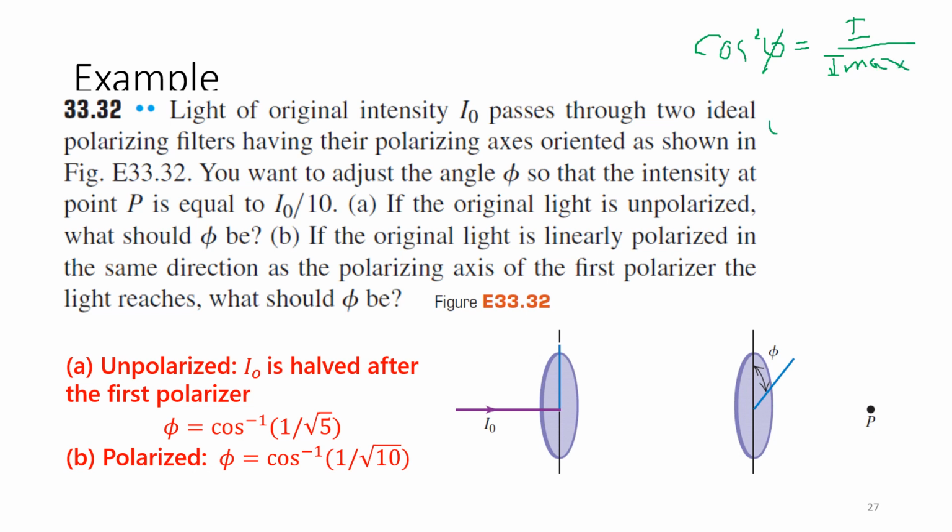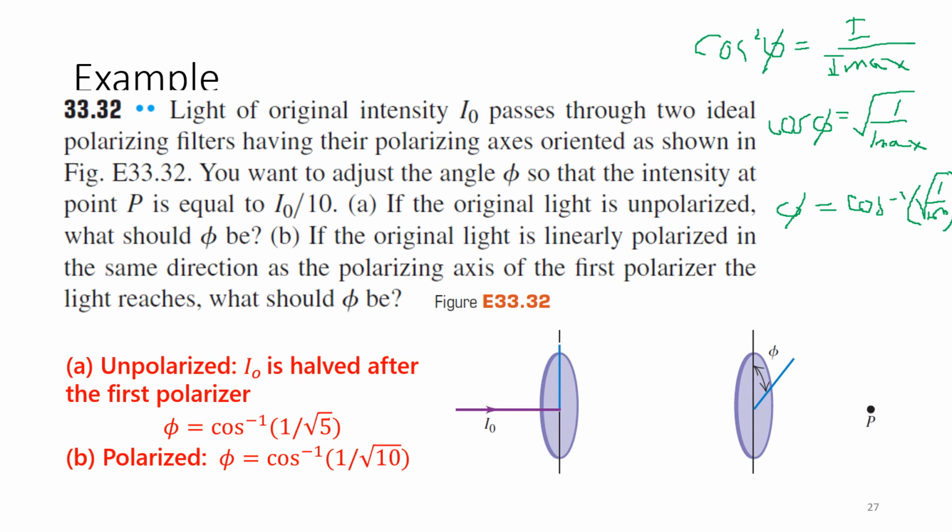And then to get cosine phi, just take the square root of I over I max. And then finally, phi is just equal to the arc cosine, or cosine inverse, of the square root of I over I max. Sorry for the handwriting.